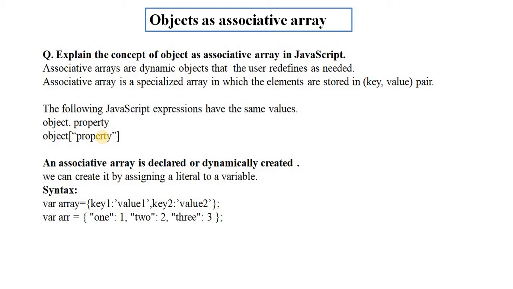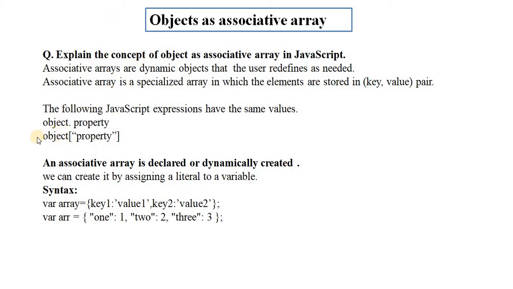To access array elements we use the array name and, in square brackets, the index of the array. Suppose here A in square brackets we apply 0 for the 0th index, so A of 0 is equal to whatever the value is. But here we use the index as a string value.